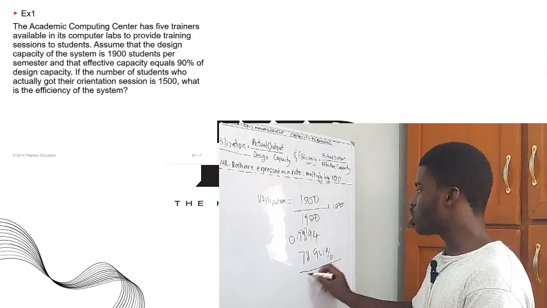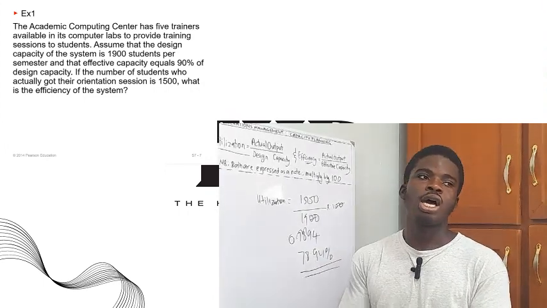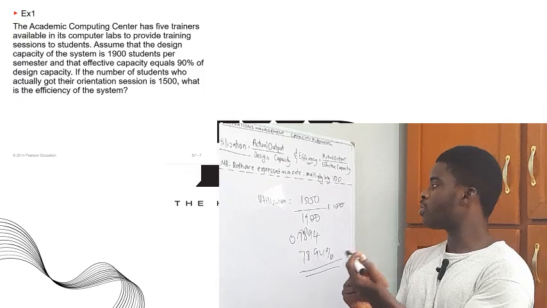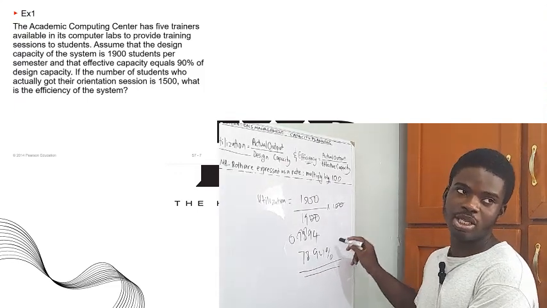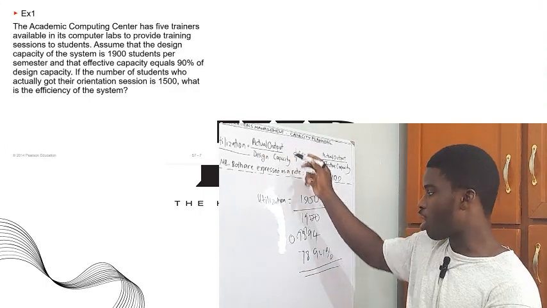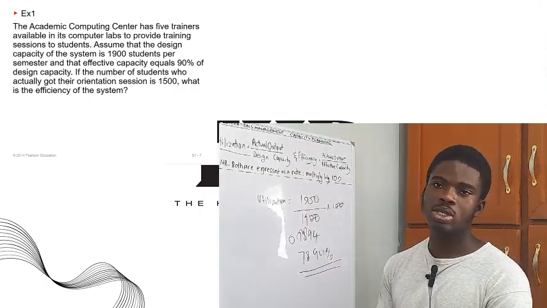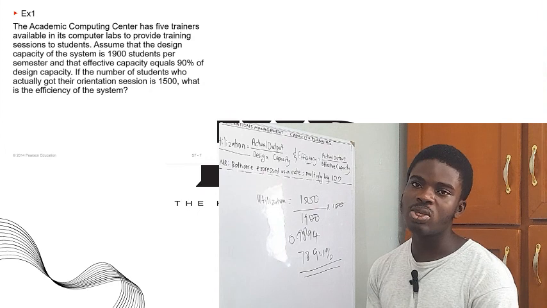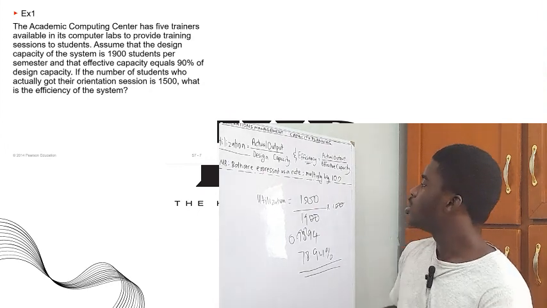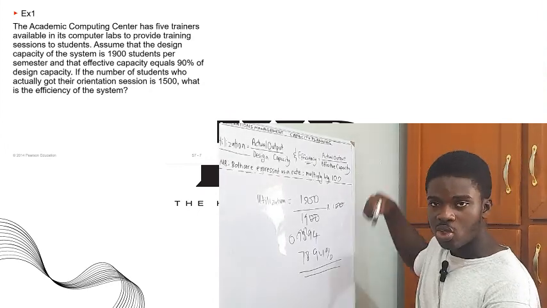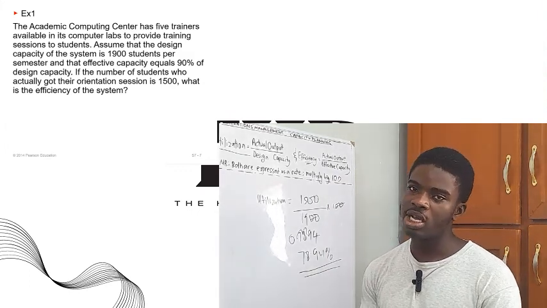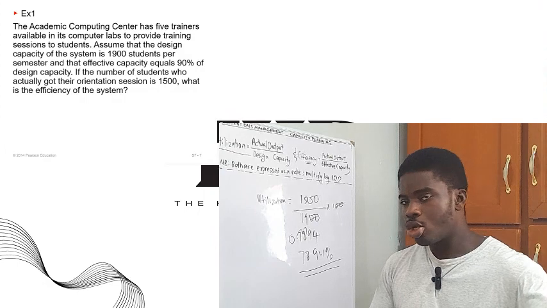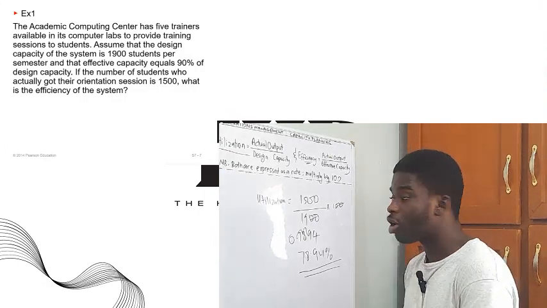So this is to say that out of our design capacity of 1900, we use 78.94%, which is the actual percentage of the design capacity that we utilize. That's how you calculate it. If you want more clarification, you can just check out the class video and you understand everything.